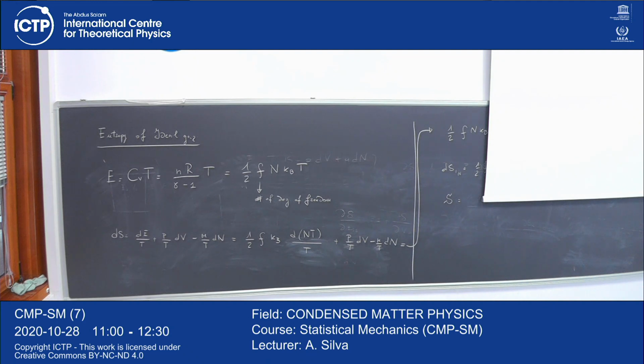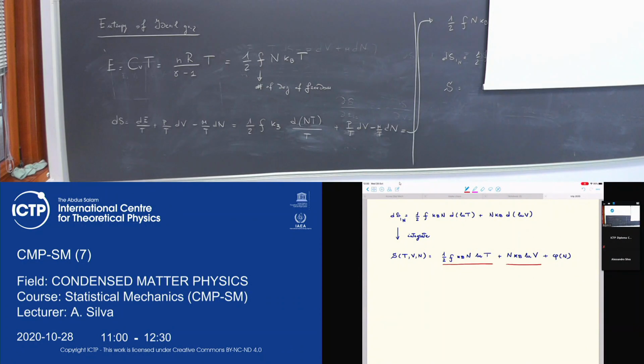Now, when you look at this function here, you see something interesting. Is this first term consistent with the fact that the entropy is extensive? Yes, because it's proportional to n, right? Is this term consistent with extensive entropy? No, it's not, because it's n times log of V. So it doesn't scale like V, but like V log V. Therefore, in order for the entropy to be extensive, phi of n should contain two terms.